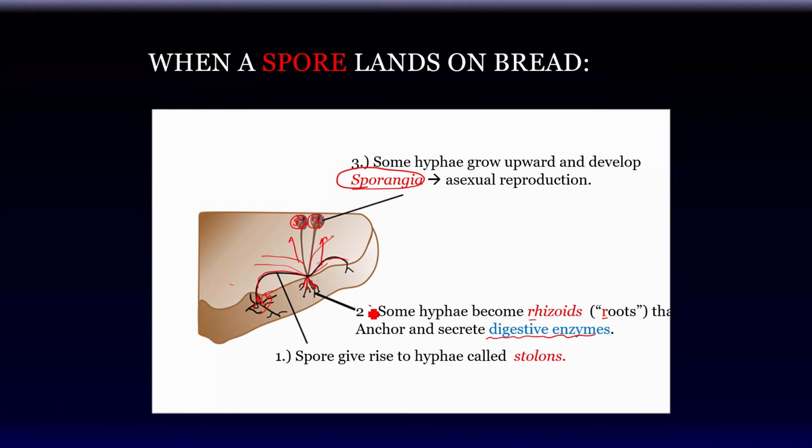When a spore lands on bread, some of the hyphae grow this way, they're called stolons, and some of them go deep like this, they're called rhizoids, and some hyphae go up like this, and they produce spore-producing factories like this, called sporangia, and they produce new spores for the next generation. Now these spores that are produced are a result of asexual reproduction.